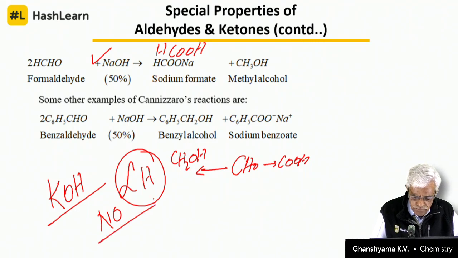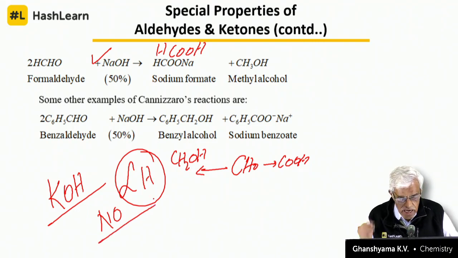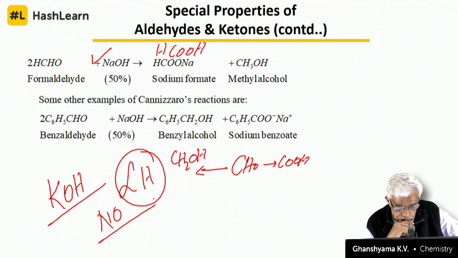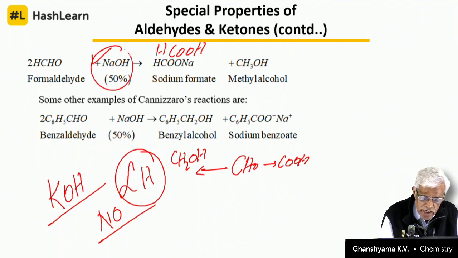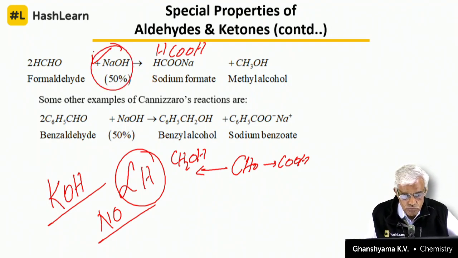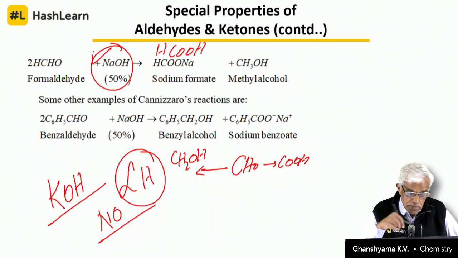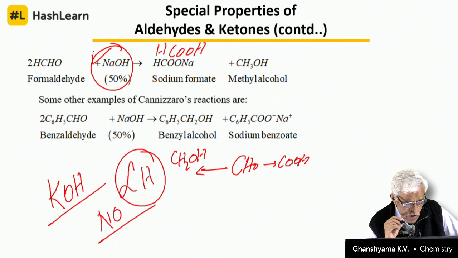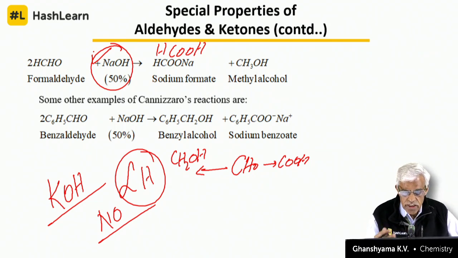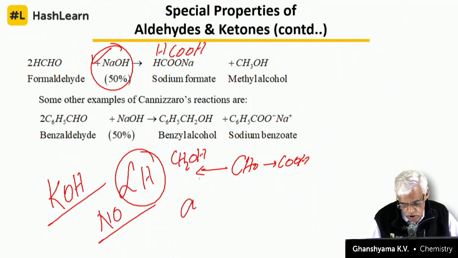So, if alpha hydrogen is absent in aldehyde, Cannizzaro's reaction or auto oxidation reduction takes place. NaOH is neither an oxidizing agent nor a reducing agent, but in presence of sodium hydroxide, formaldehyde, benzaldehyde undergoes self oxidation reduction.